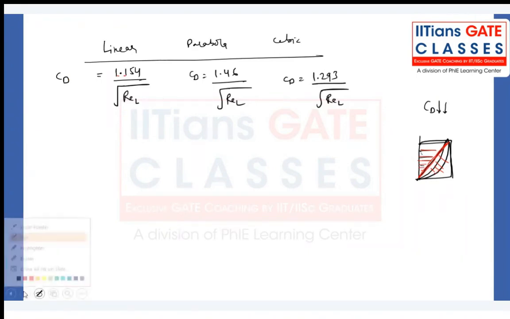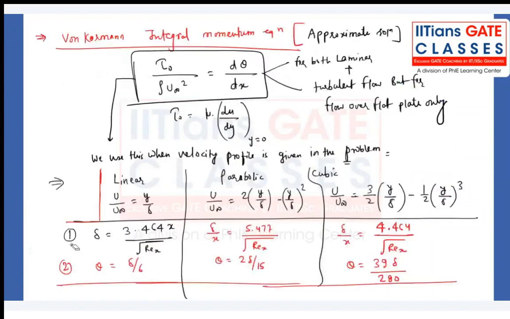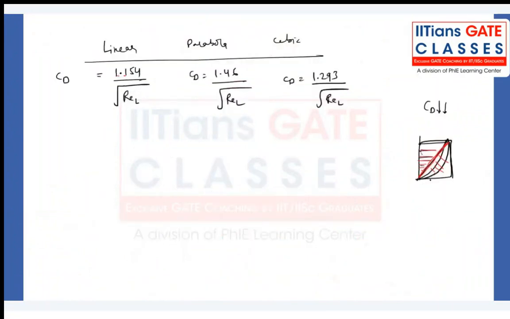Based on the CD values I have given you just now, tell me what observations you are making. The cubical velocity profile, 3 by 2 y by delta minus 1 by 2 y by delta whole cube, is the same cubical profile we have written here.